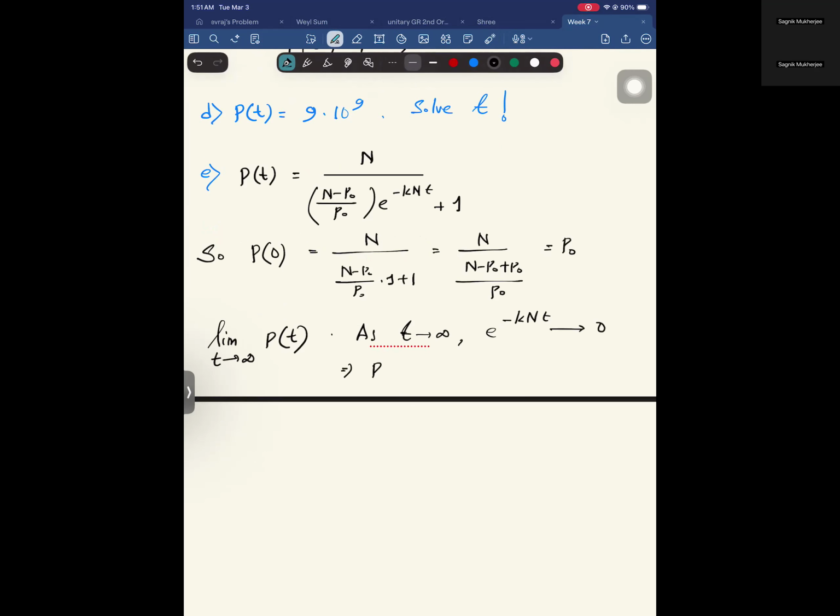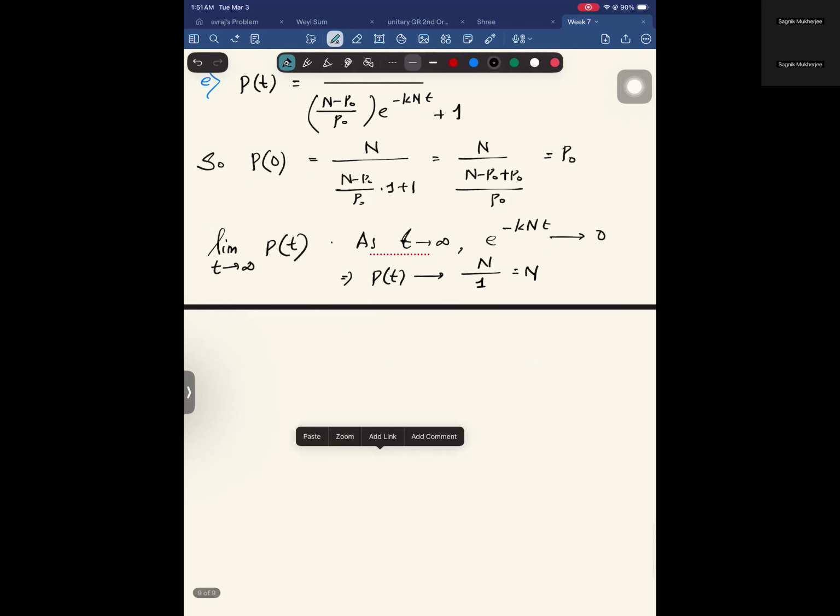Meaning P of t will converge to n over 1, which is n. So with time, this population will converge to n. So indeed this population has an upper bound. It cannot grow as long as it wants.